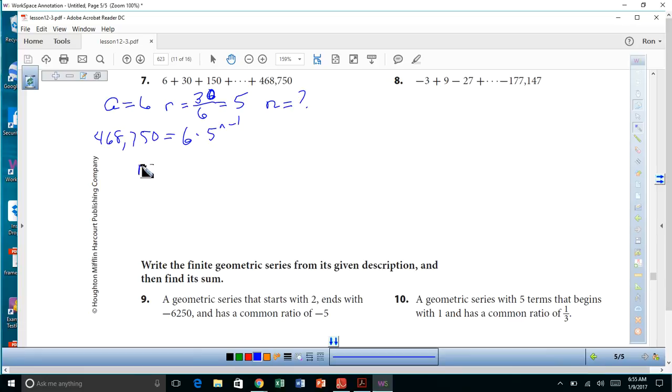So n equals 8. So S of 8 equals 6 times 1 minus 5 to the 8th over 1 minus 5. And let's see here.